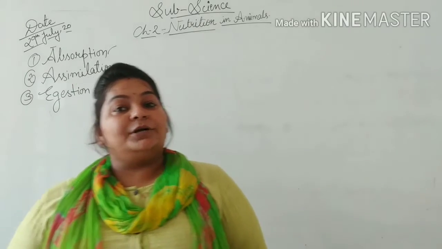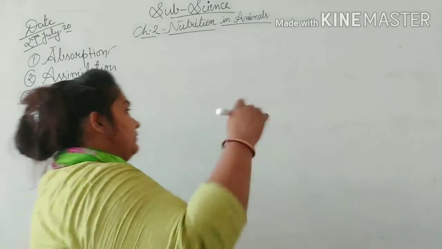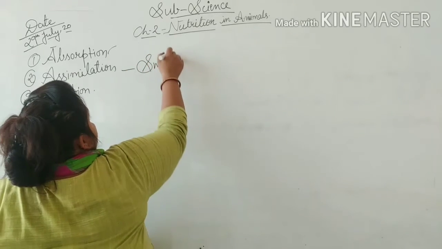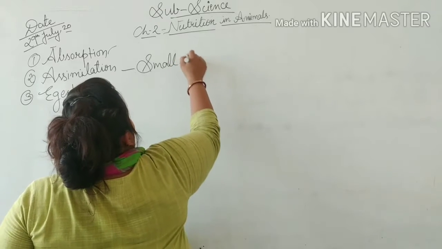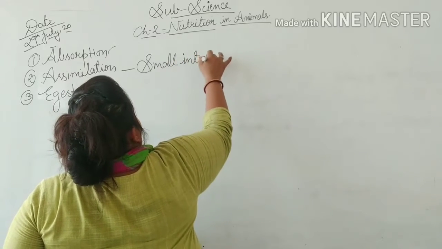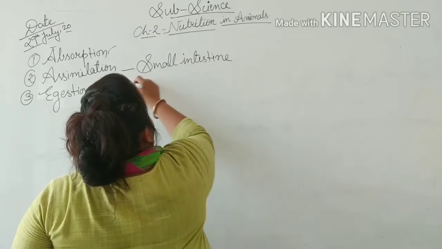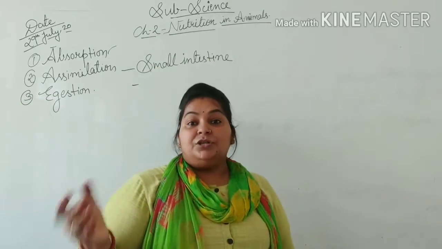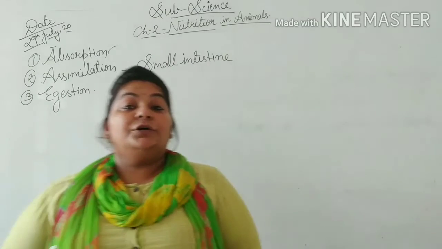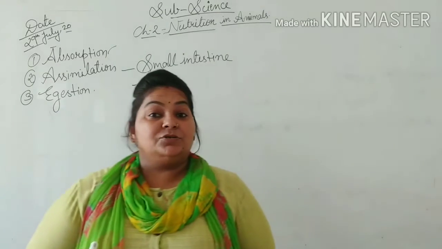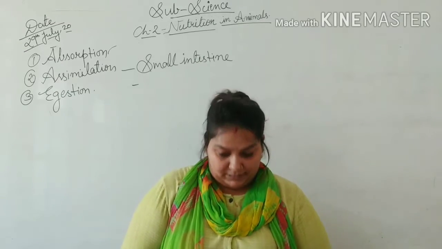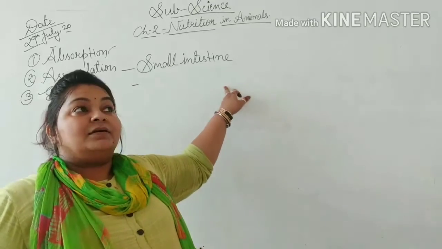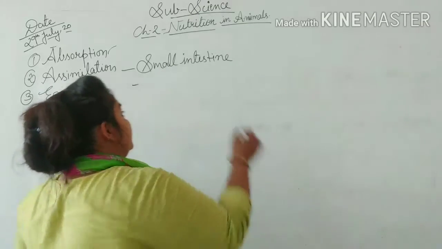You know very well that in the small intestine the digested food from our mouth has been made soluble, and here the nutrients are formed from that food, and that energy passes on to our body through our blood system. So the small intestine is the main site for the absorption of food.